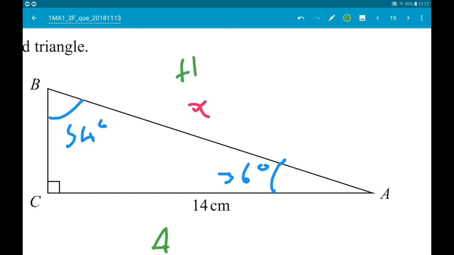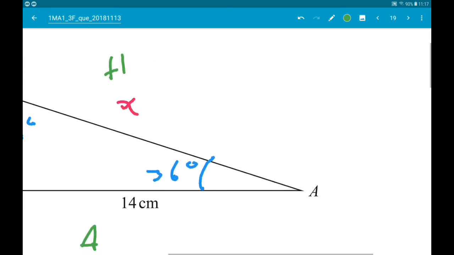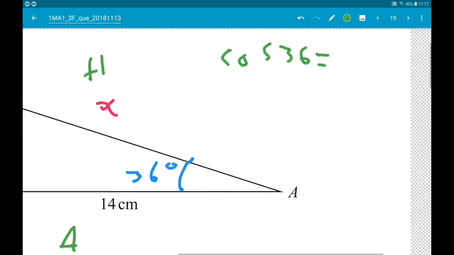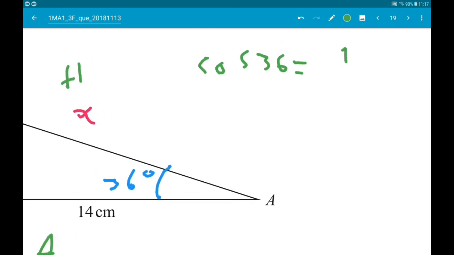So, we then ask, SOH, no, CAH, yes. So, CAH tells us cos of 36 is equal to the adjacent, which is 14, over the hypotenuse, which is x.